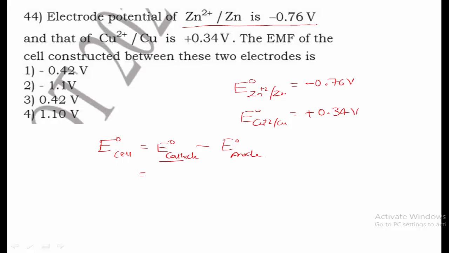Now at cathode, which one do you take? The one which will undergo reduction. Here Cu plus 2 is converted into Cu, which means it has taken electrons, so it undergoes reduction. Therefore you take the value of copper, 0.34, minus anode, minus 0.76. So 0.34 minus of minus, plus 0.76, you get 1.10 volt. It is also plus. Therefore option 4 is the right answer.